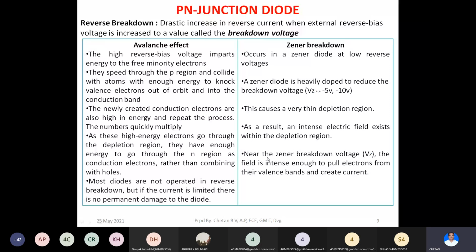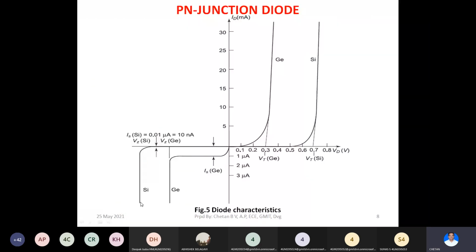If the value of current is outside this range, either the current is greater than IZ minimum or the current is less than this value, then this Zener diode voltage regulator may not work as a voltage regulator, because always the voltage that you apply across this diode should be greater than Vz.